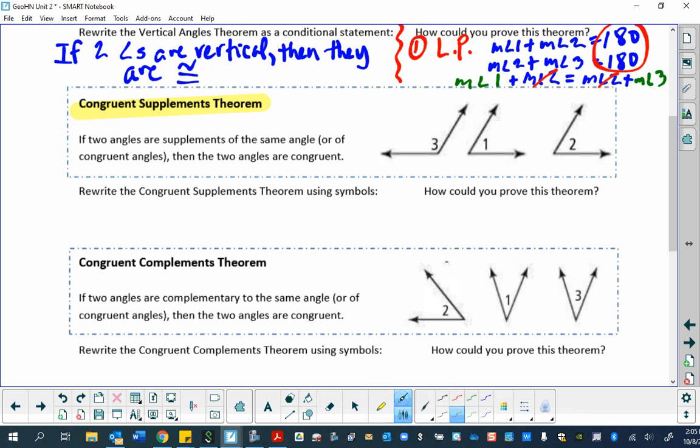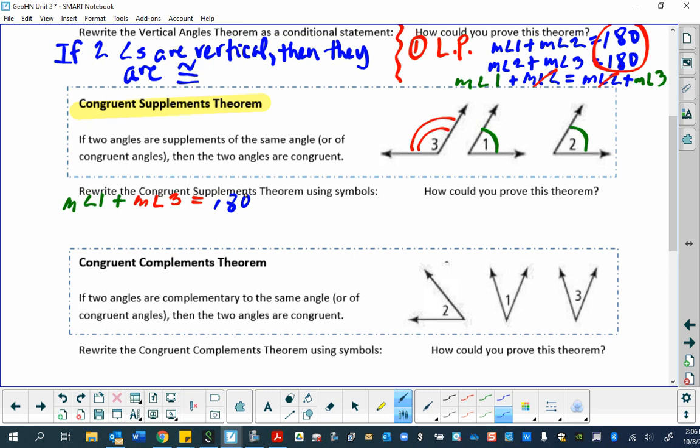Hey, I'm going to give you some givens. Angle 1 and angle 2 have the same measure. They are supplementary to angle 3. Let's rewrite this using symbols. Are you ready? The measure of angle 1 plus the measure of angle 3 is equal to what? Yeah, because they're supplementary. How do I know that? Definition of supplementary. You have to imagine that little kid in the back of your brain going, how? What?